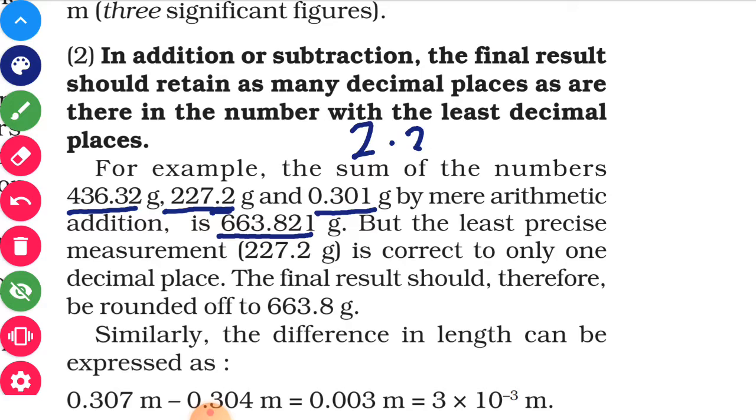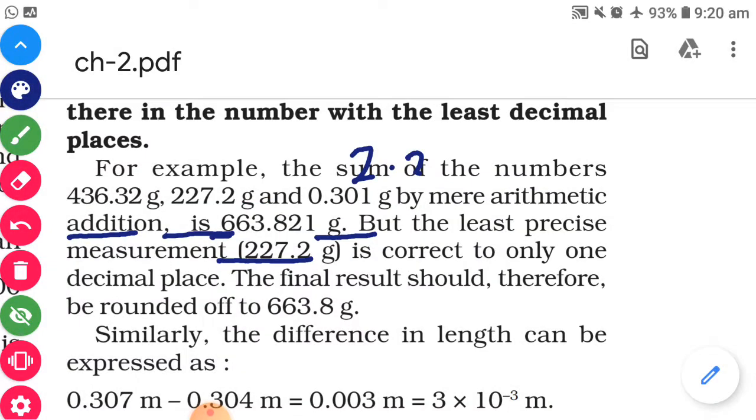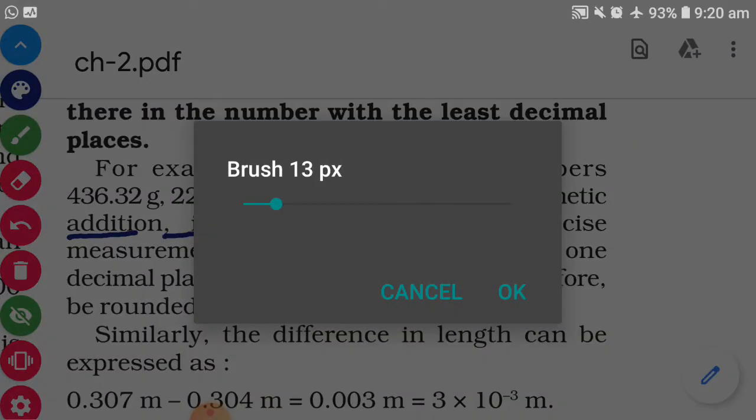It is 227.2. So we have to consider this one only.